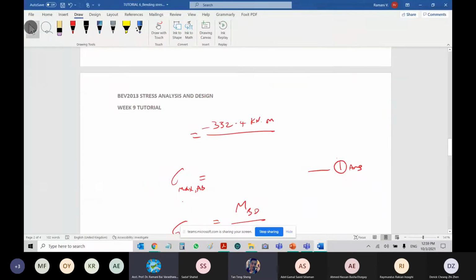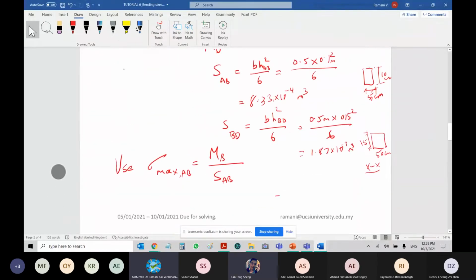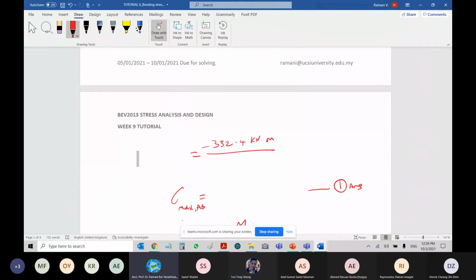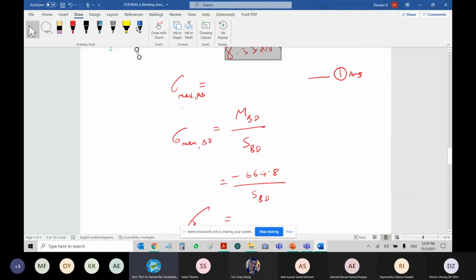Are you using negative? 398.89 megapascal. 8.33 into 10 power minus 4. Okay. And then the answer is negative 398.89 megapascal.